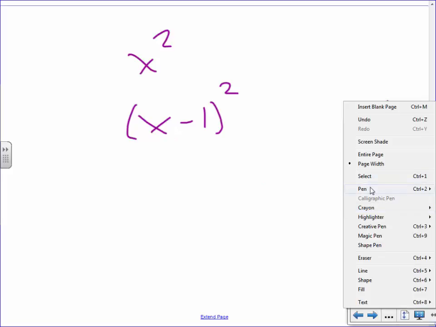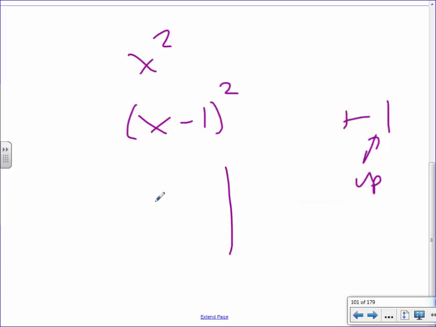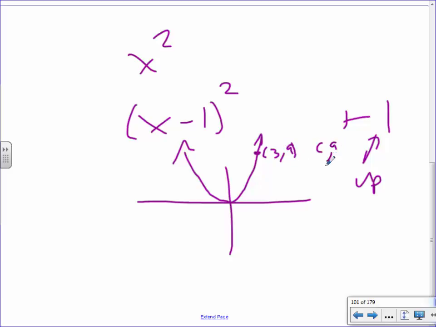So if I were to draw a graph right here, so that I can do this nicely, and normally the graph would have looked like this. Let's pick a number that's not so big. Let's pick the number 9. If you wanted to get an output of 9, normally you better bring 3, right? But under the new function, if you want to get an output of 9, how much better you bring? 4, right?